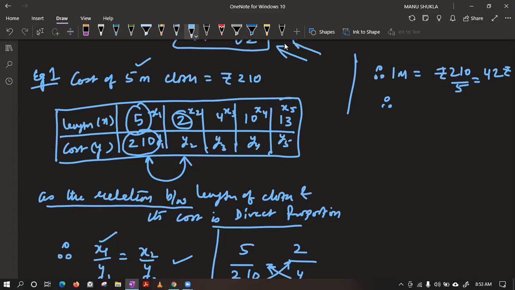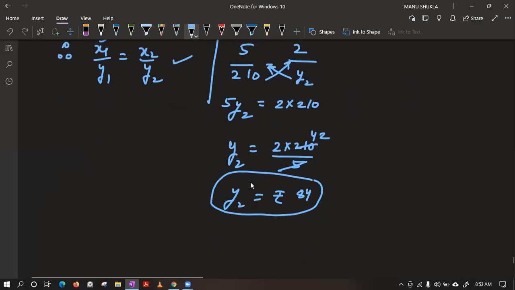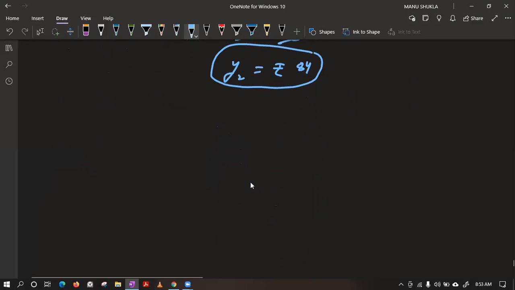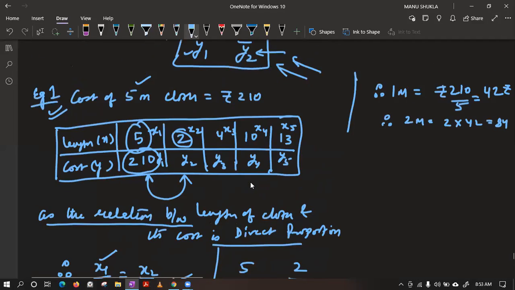And therefore 2 meter will be 2 into 42. Same answer you would have obtained. So class, it depends which method you want to go for, but as per the chapter they are utilizing this formula, x1 upon y1 equal to x2 upon y2, because they want to say that in that proportion ratios are equal.